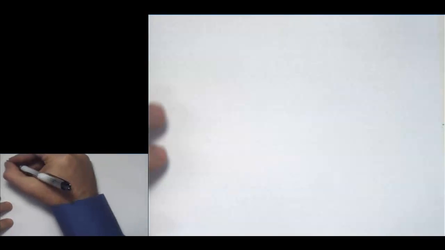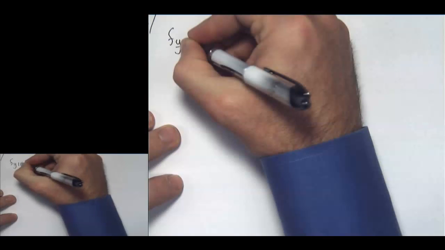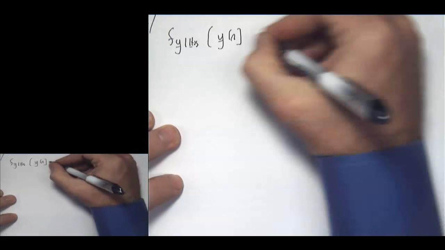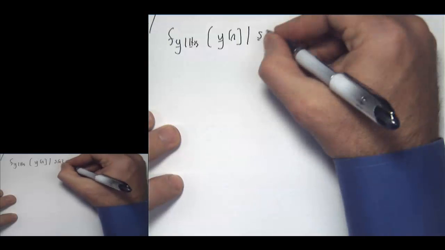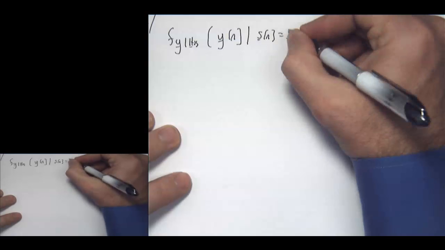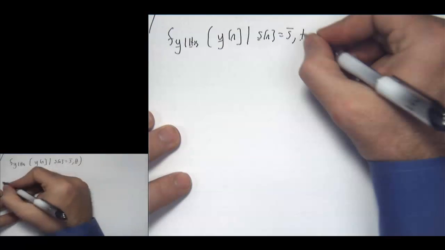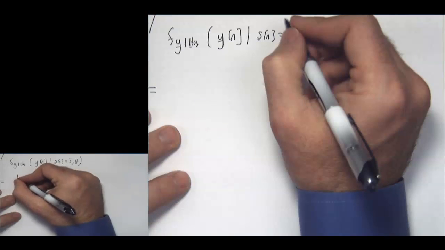So I'm going to write the distribution function as f of y given h comma s. I'm going to plug in y of n here, given some value of s of n. So let's suppose that s of n is equal to s bar. We have h here. And then we're calling that the complex normal multivariate distribution.